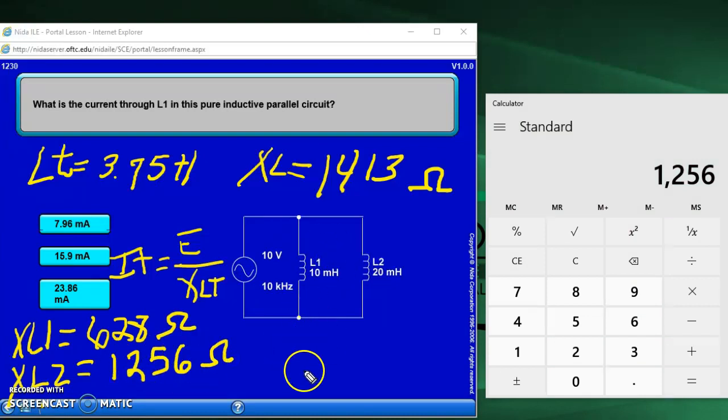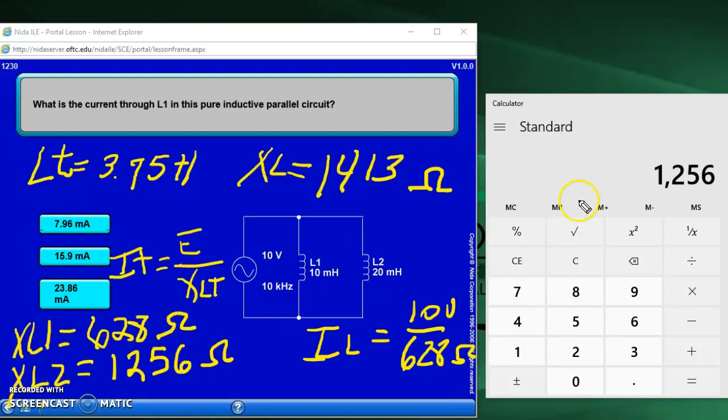1256 ohms. Now remember, the I of L formula is equal to the voltage, which in this case is 10 volts, divided by the X of L. So we're going to start with 628 ohms, which is what L1 is, and we're going to do that math.